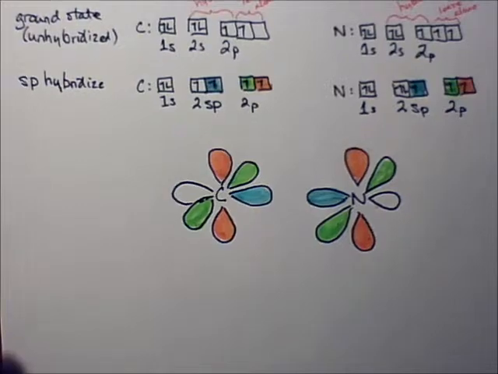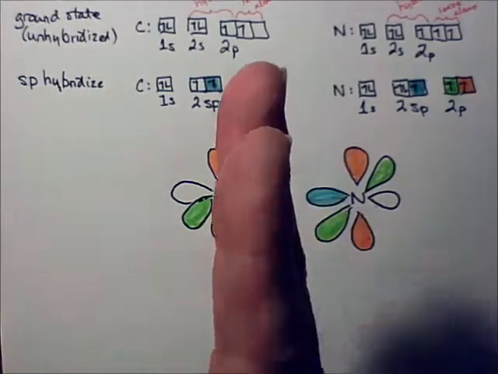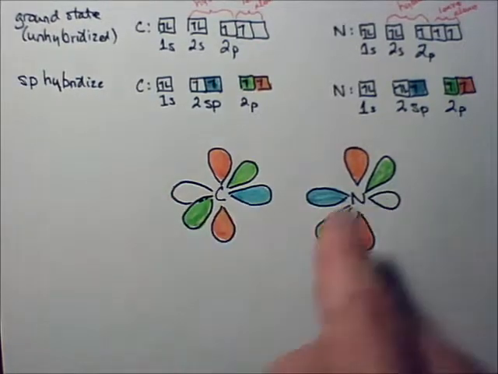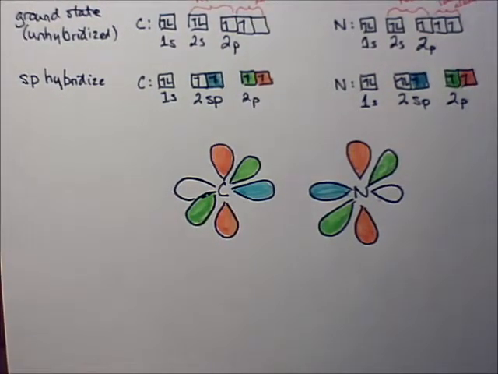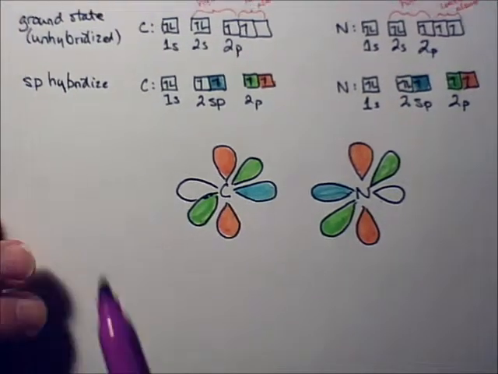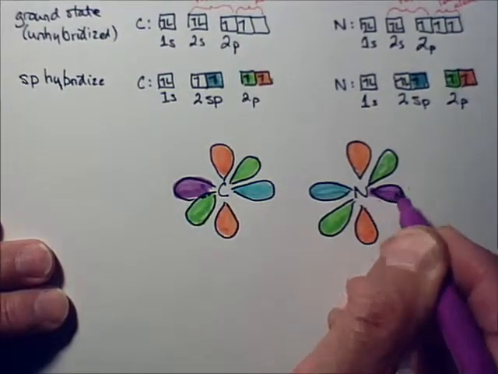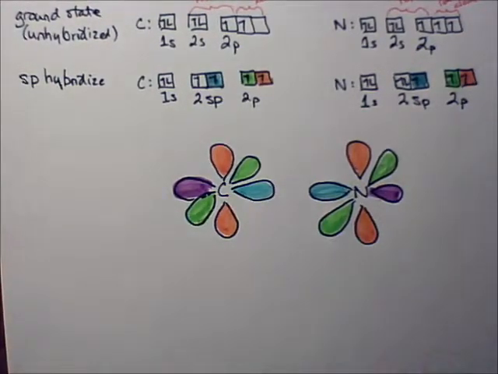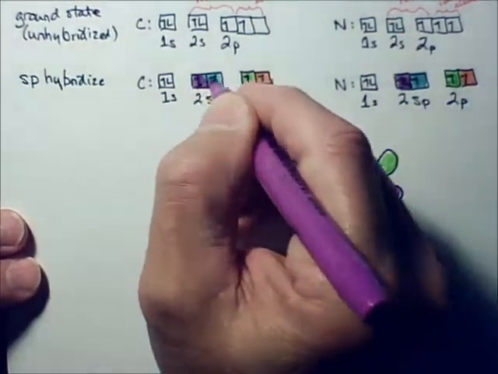Well, it looks like a flower being flat, but remember this is 3-dimensional. One is going vertically, one's going side to side, one's going this way. Alright, let's see. Blue, green, orange. I guess I can go purple. Alright. So now this is our hybridized orbital we just color coded there, okay?